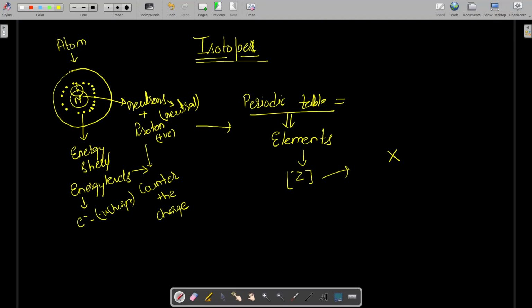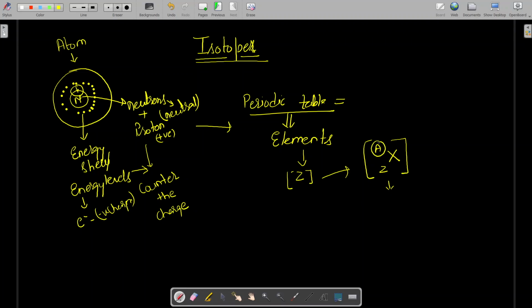Here I am just making a connection between the previous lecture and today's lecture, in which we will discuss isotopes. So this is the presentation of any element which is a member of the periodic table.